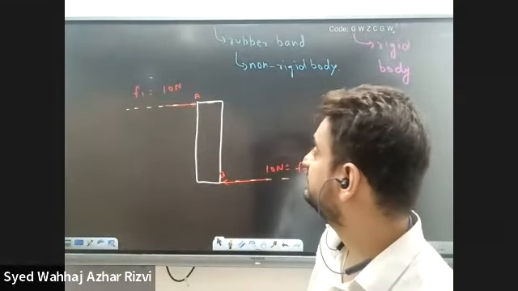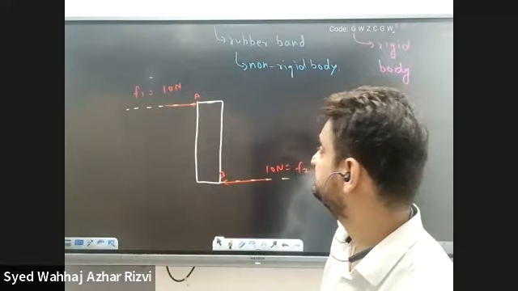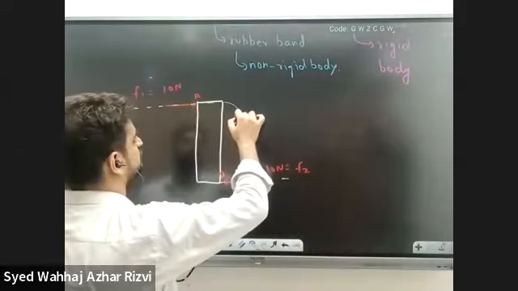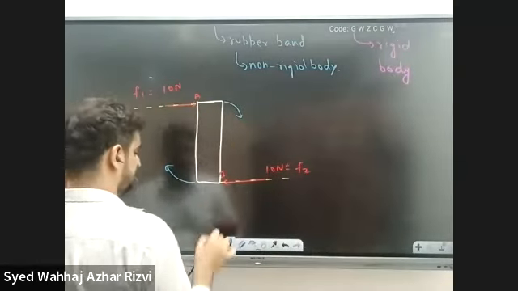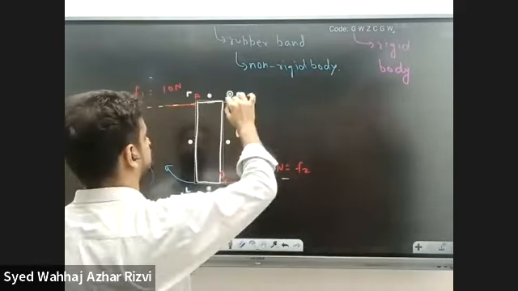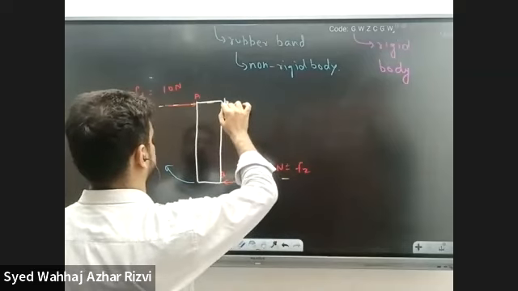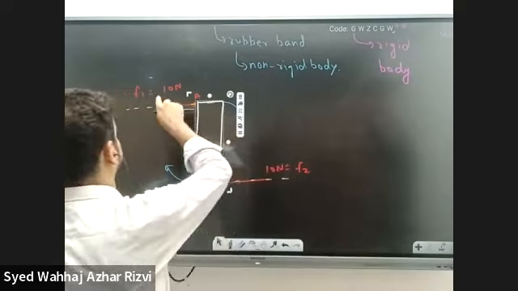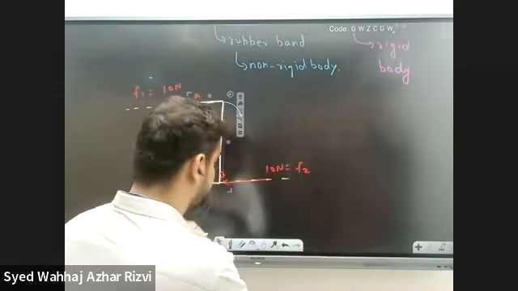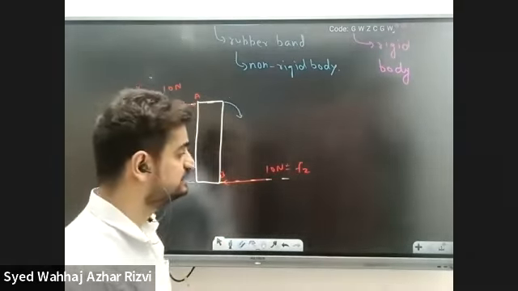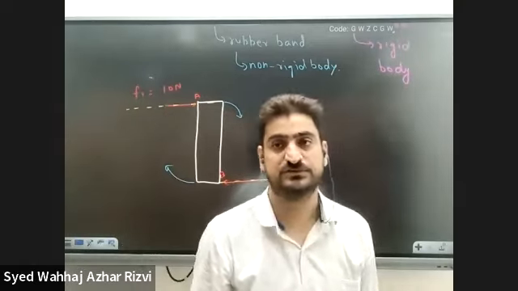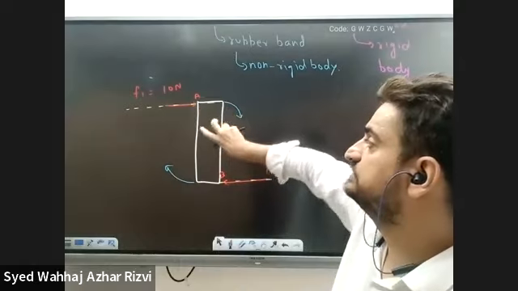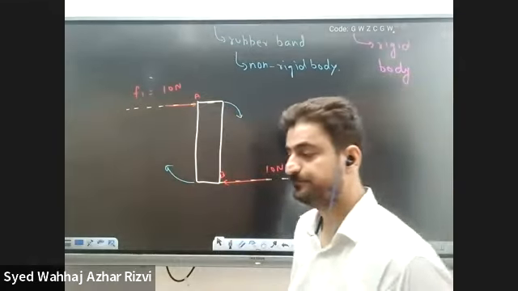Then these two forces would cause this block to rotate like this. It was earlier in this position, and it will go like this when these two forces of 10 newtons, which are opposite in direction, act at different points, so that the lines of action of the two forces are not the same. When such a case exists, these two forces cause the rotation of the block.